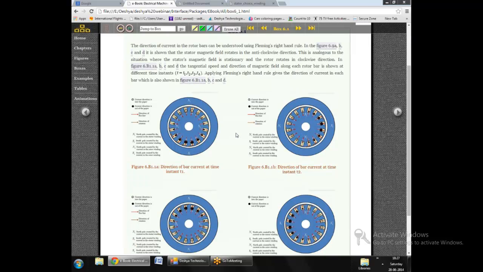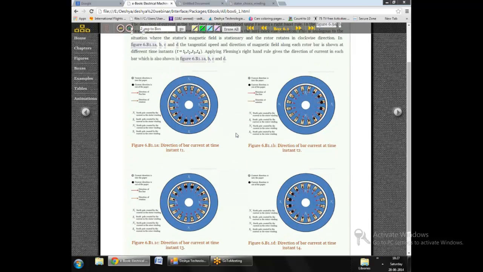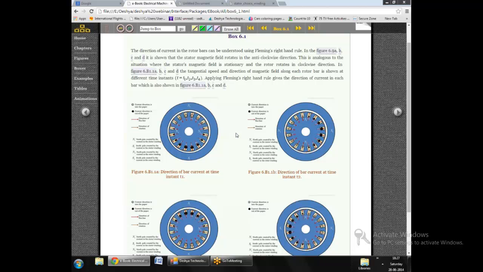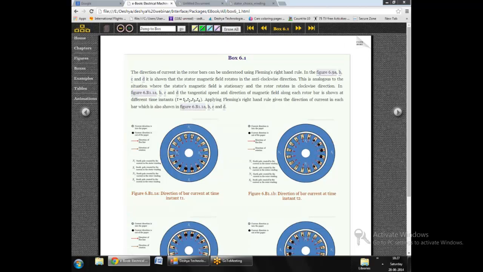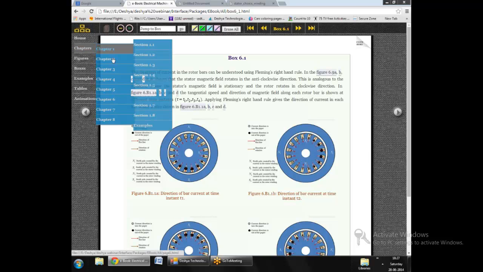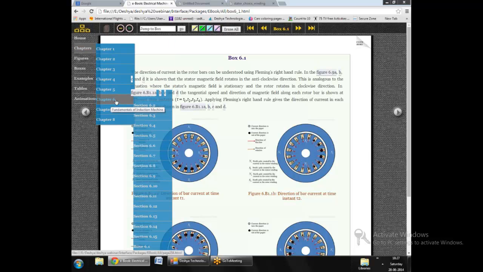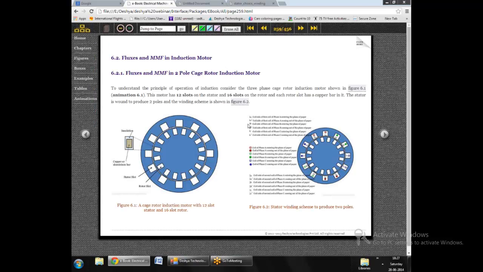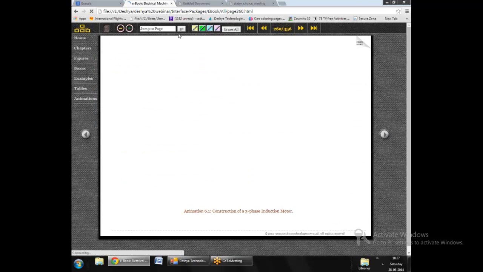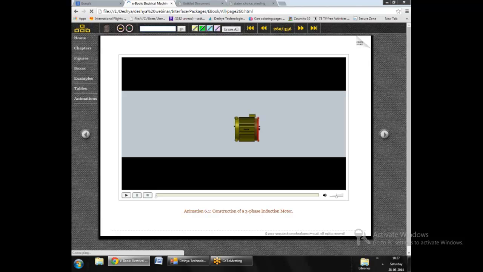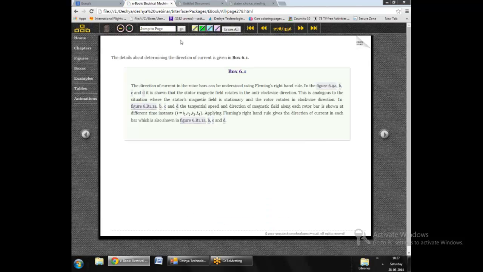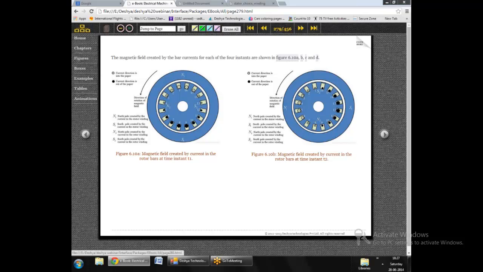In this box 6.1, Fleming's right-hand rule is explained: if we know the direction of the magnetic field and the currents, then we can determine how exactly the machine is going to work and what will be the direction of the currents inside the machine. So we will go back to the point where we had left off and see further analysis of the machine.